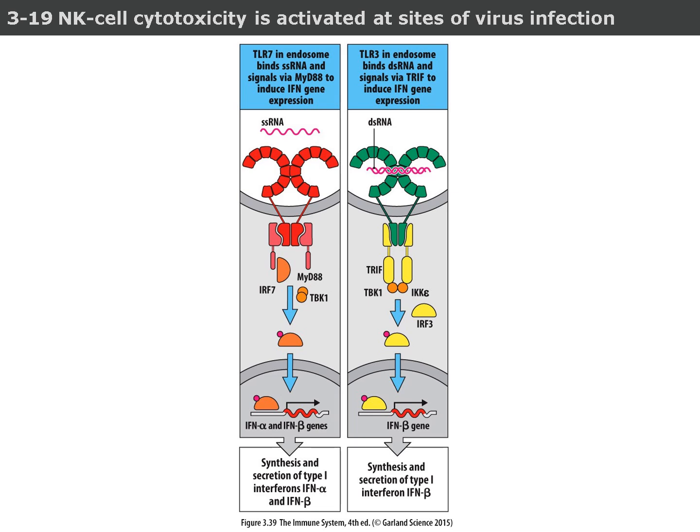This activates IRF3 through kinases TBK1 and IKK epsilon, which leads to the transcription of only the interferon beta gene. In both cases, the interferons produced act to initiate antiviral responses in neighboring cells and amplify the immune defense.